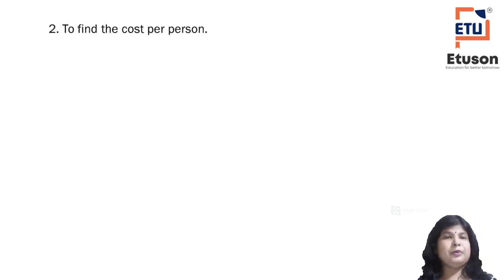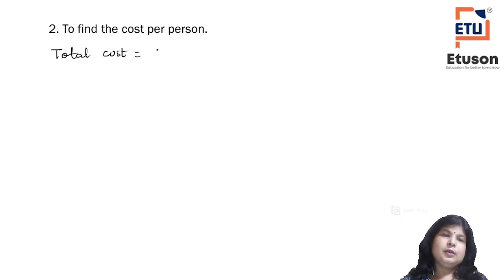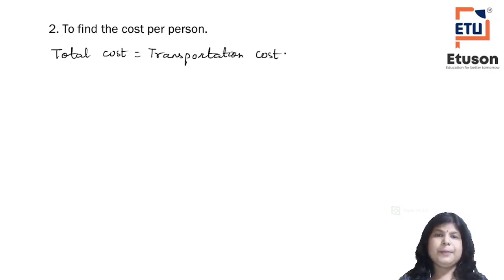So here you have to find the cost per person. As you know, the total cost is equal to the transportation cost plus your refreshment cost, right? The refreshment cost is already given to you.